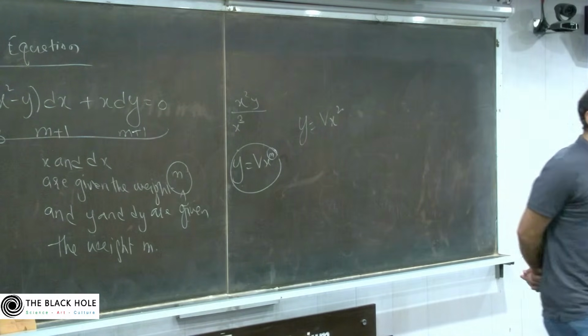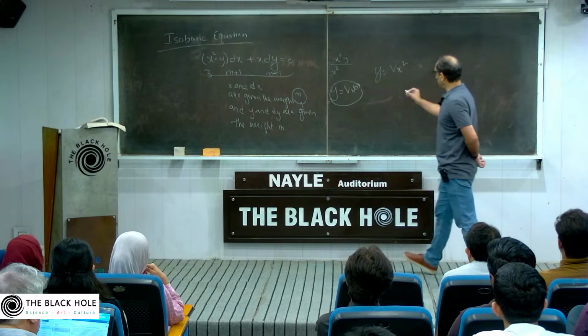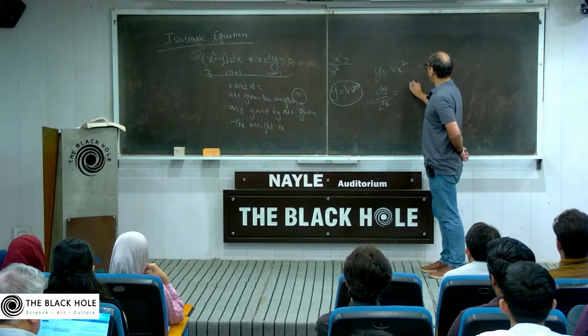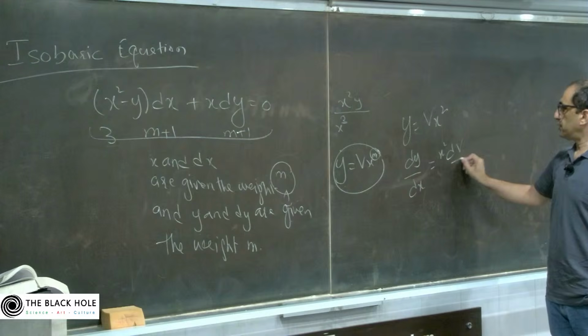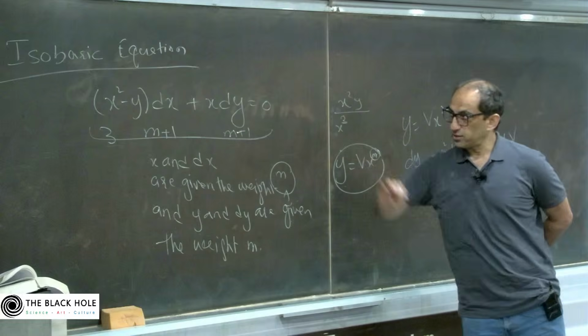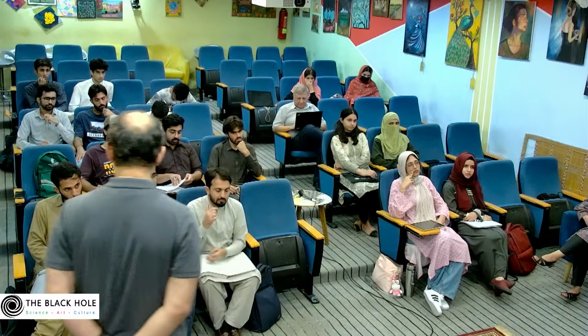Yeah. So in this case, I will have y is equal to v x squared. So now just take the differential. You will have x squared dv by dx plus 2xv. Write this equation and tell me what you get. Go ahead.